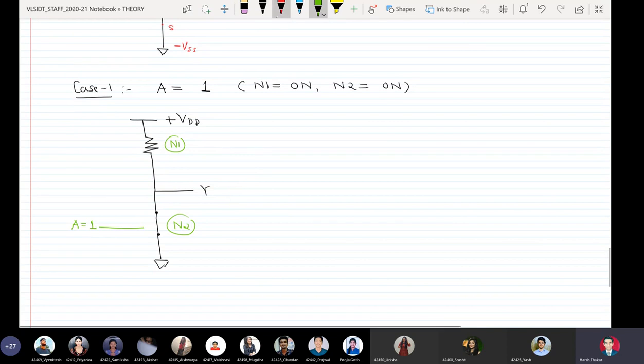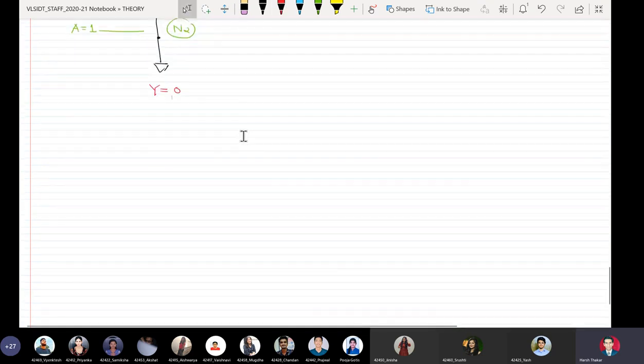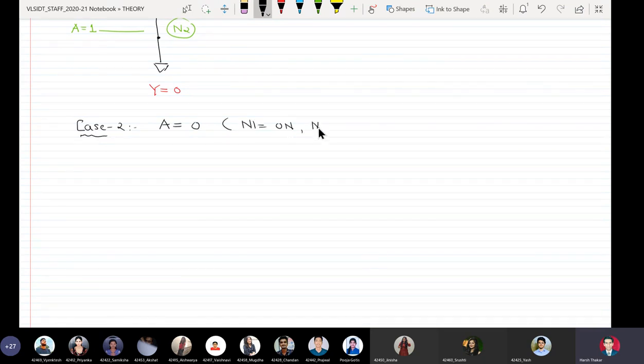Naturally we see that the output Y will be equal to 0, because it will be pulled down. So for A equal to 1, we get Y equal to 0. Case number 2: A equal to 0. So we have N1 on because it is permanently on, and N2 off.